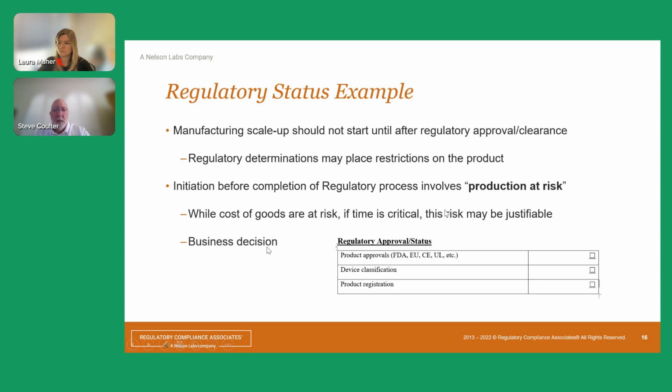What is the business decision? What are their needs? Is it time to market, or is it production costs and inventory costs that are at risk? If, say, the FDA comes back and says, I love everything, but you're going to have to change a label, well, that's a cost that goes in your cost of goods.